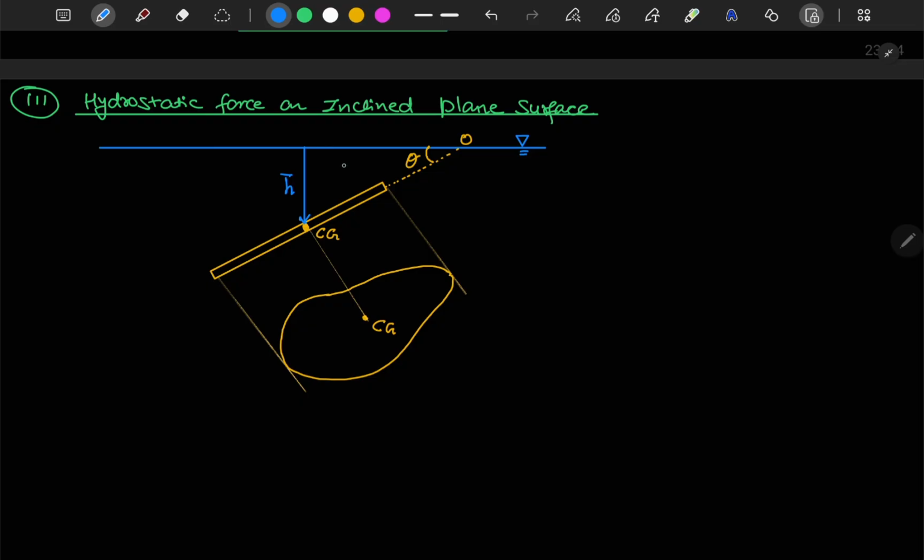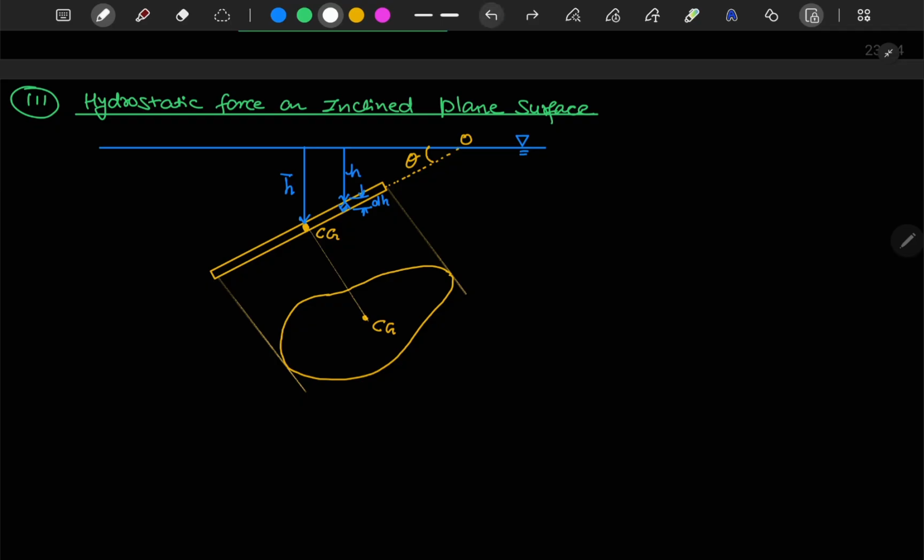Let's first consider an element at a distance h, and the depth variation, let's say, is dh.